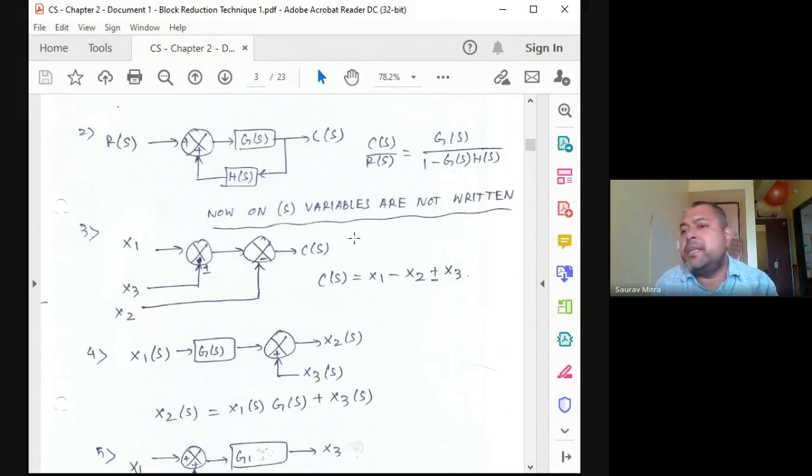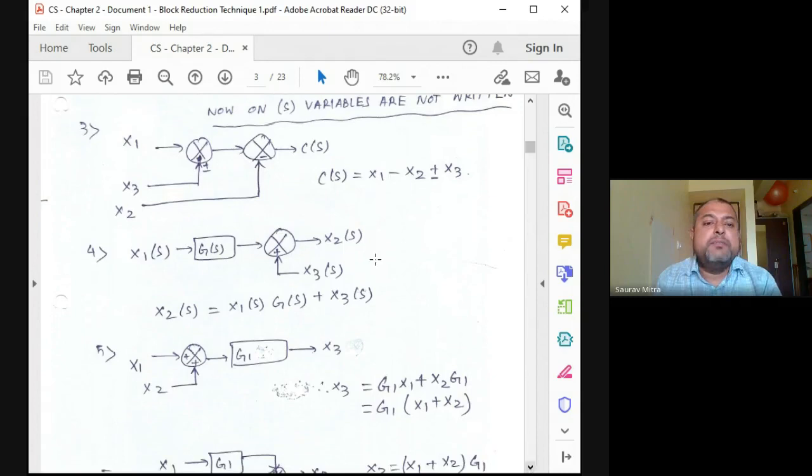Any symbol can appear anywhere. Somebody can say the forward path gain is AS, and somebody can say the feedback path gain is BS, that is also possible. So don't worry about symbols. Whatever symbol you use, depending on the numerical, it is okay. Generally it should be output by input, and here it should be g by 1 plus g or g by 1 minus g. As this is positive feedback, it is g by 1 minus gh.